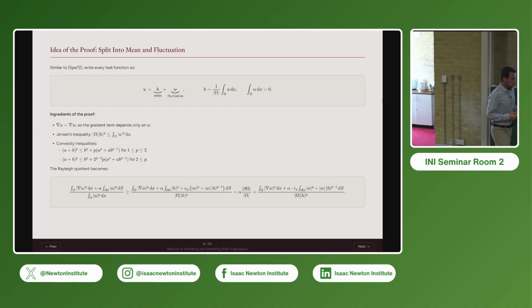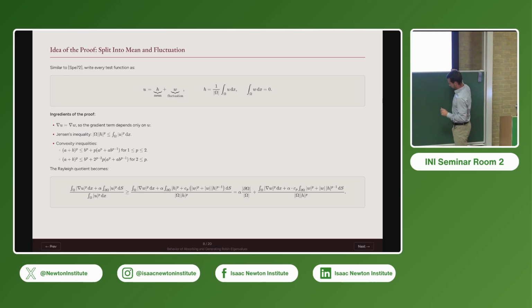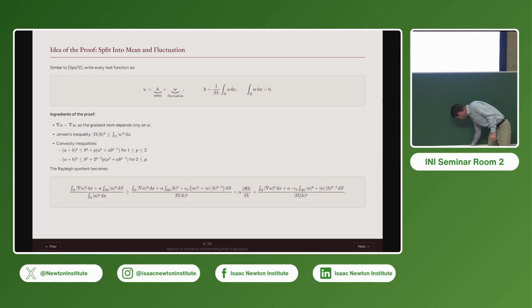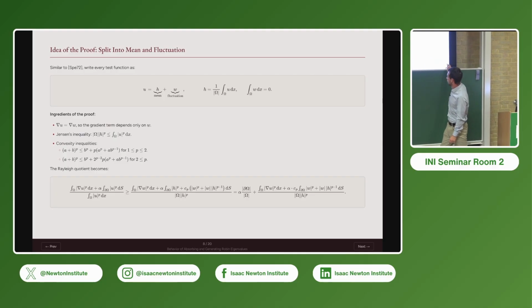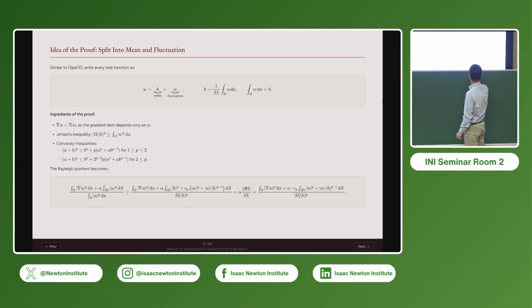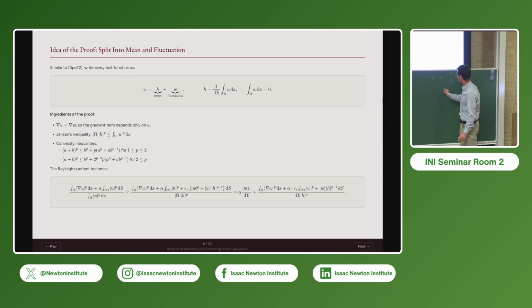What we can do is, we can say, since h is a real number, and let's say we fix a function w such that the mean of w is equal to 0, then this fraction right here depends on h in the following way.